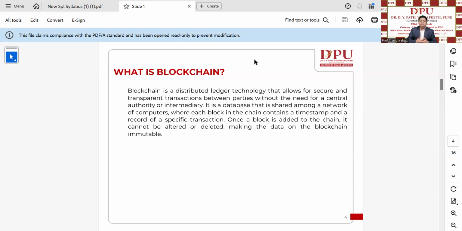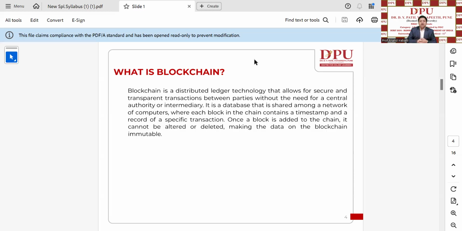So that's why it provides a high amount of security to the data once it is entered into the blocks, because the blockchain is immutable. Once it is recorded, it is simply impossible to make any changes to that block, to those transactions, because it is immutable.